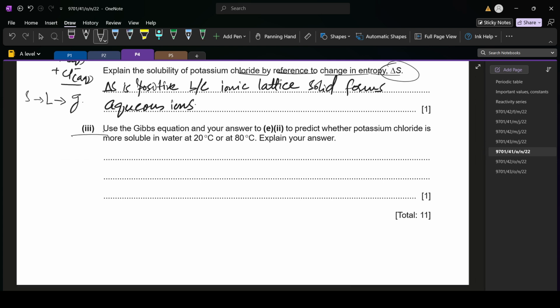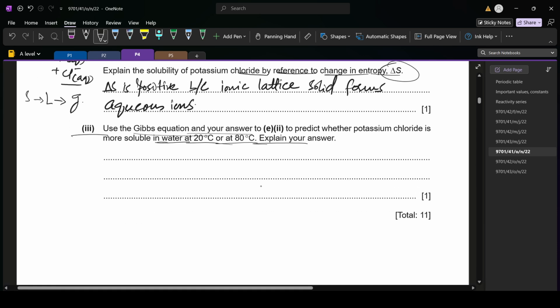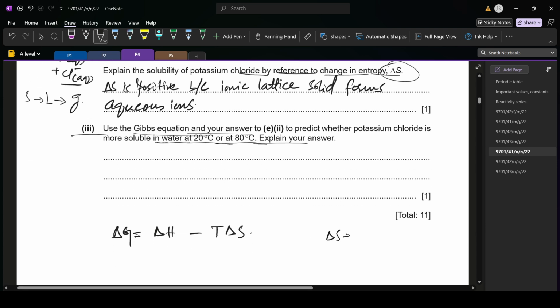Okay, moving towards the next part. Use the Gibbs equation and your answer to E1 to predict whether potassium chloride is more soluble in water at 20 degrees Celsius or at 80 degrees Celsius. The Gibbs free energy equation is: delta G equals enthalpy change minus temperature multiplied by entropy change. You know from part E2 that the entropy change is positive, because solid is converted into liquid.